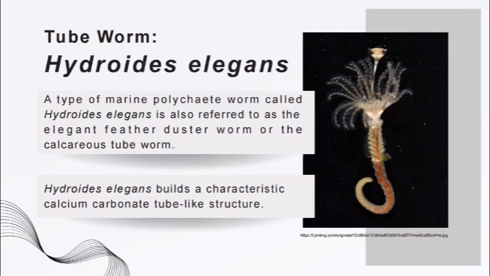The worm itself has a segmented body that protrudes out of the tube in the form of radioles, which are feathery appendages used for filter feeding. In the next slides, I will show the morphology of this species so that you will appreciate more its parts and their functions.